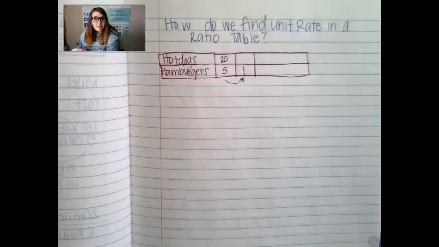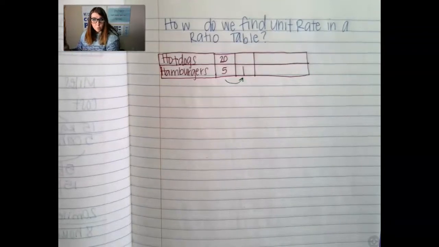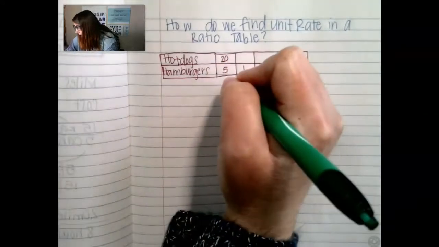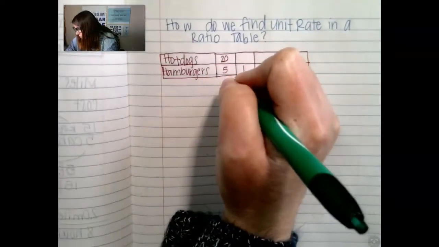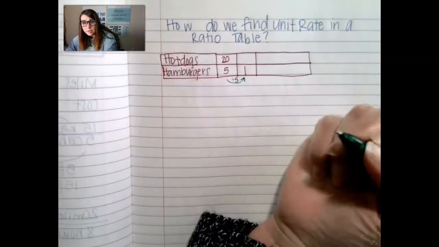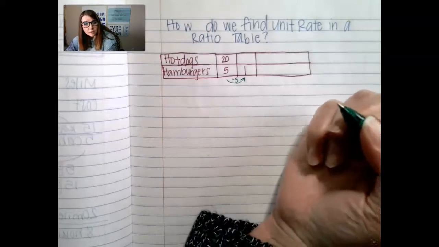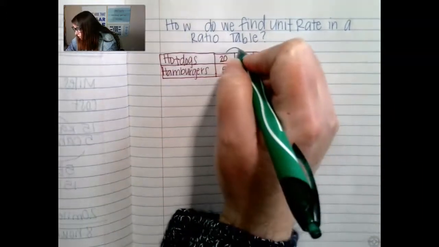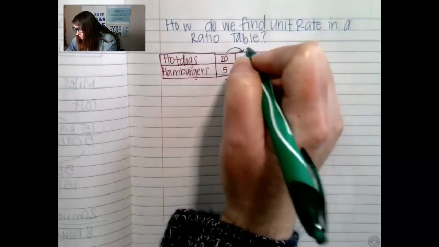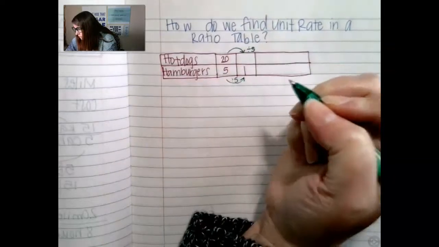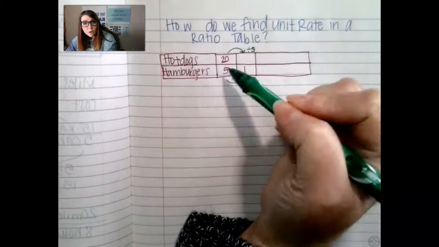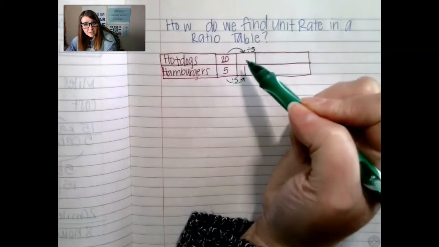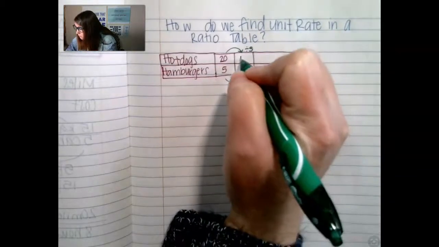Well, I know that 5 divided by 5 equals 1. So I divided by 5. If I divide by 5 here, that means on the top, to get to column 2, I need to divide by 5. So 20 divided by 5 gives me 4.